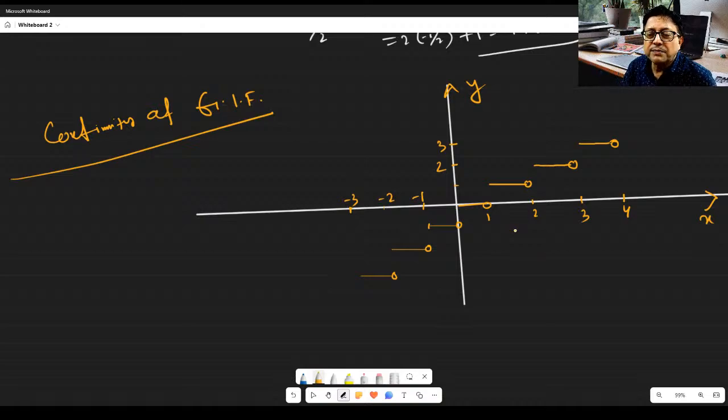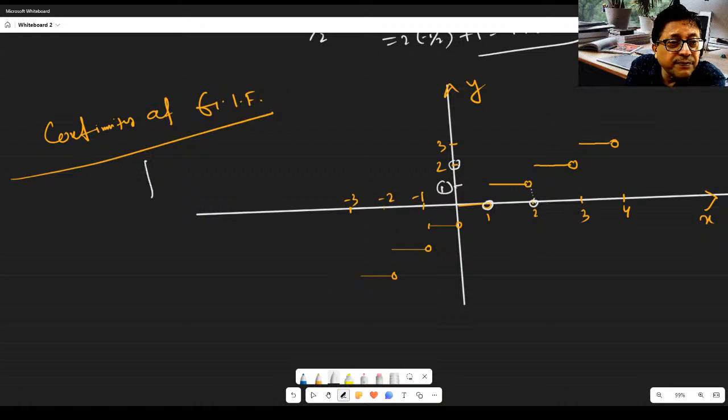So for continuity of this function, we observe that this function is discontinuous. At which point? Function is discontinuous at 1, discontinuous at 2. Why at 2 discontinuous? Because left hand limit value will be equal to this one, 1. Right hand limit value at 2 plus means it will be this one. So they are not equal.